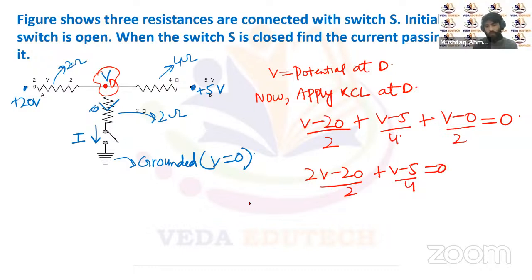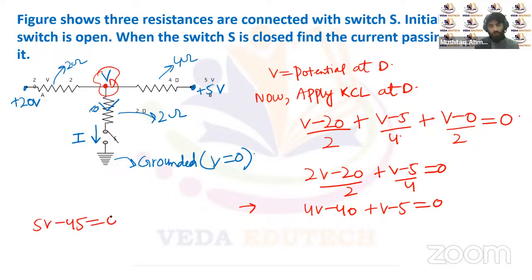Multiplying through by 4, we get 2(V minus 20) plus (V minus 5) plus 2V equal to 0, so 4V minus 40 plus V minus 5 equals 0. That means 5V minus 45 is equal to 0, or V is equal to 9 volts.